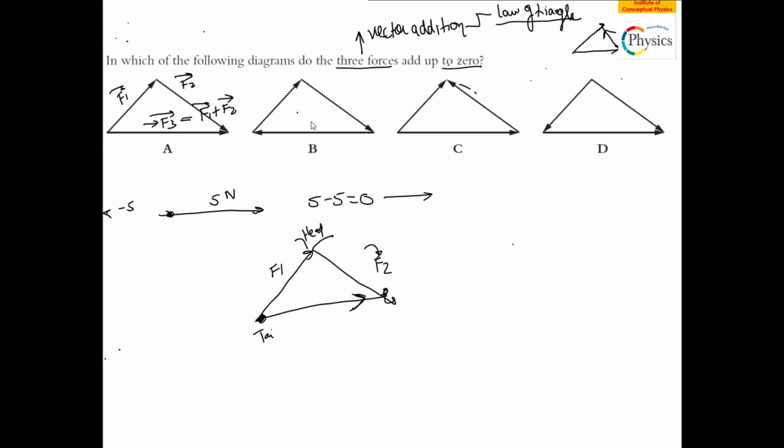It doesn't, right? If 2 newtons plus 3 newtons is equal to 5 newtons, the resultant coupled with another one of the same magnitude will not make it 0. So the resultant of F1 and F2 is F3, and the third force is also F3. The resultant is going to be 2F3. I hope you get it. Again, you have force 1 and then you have force 2.